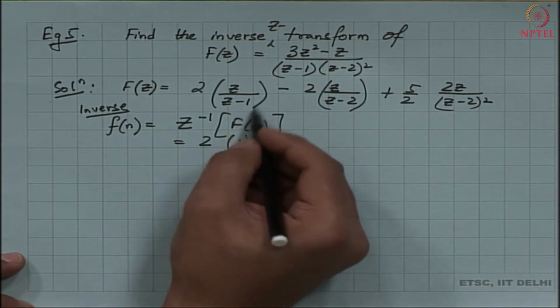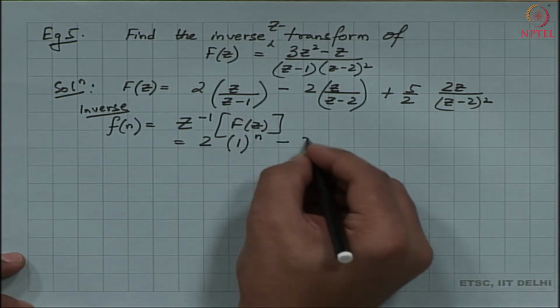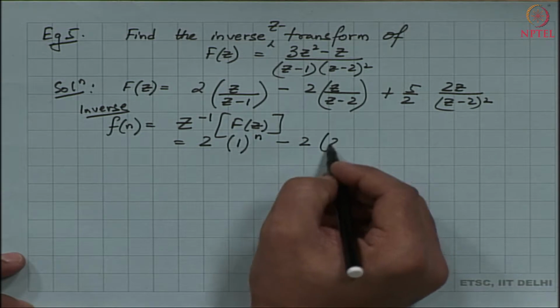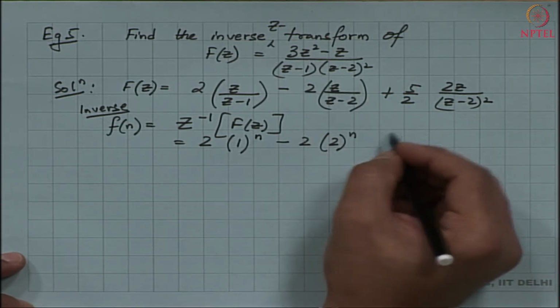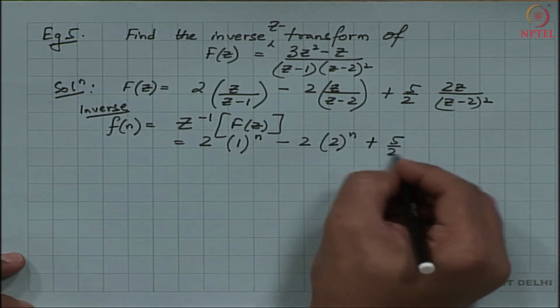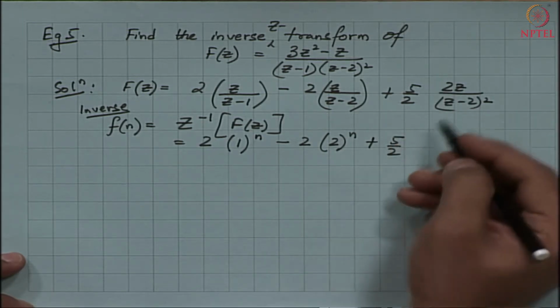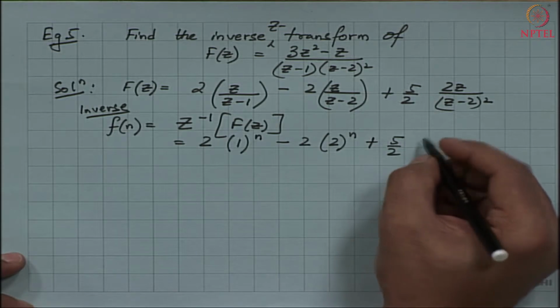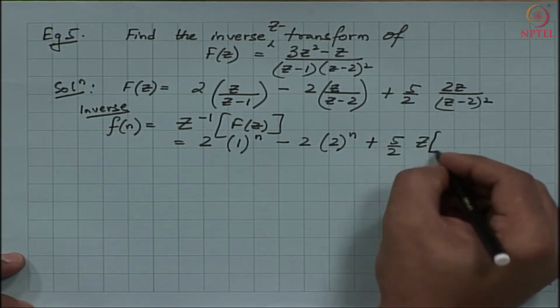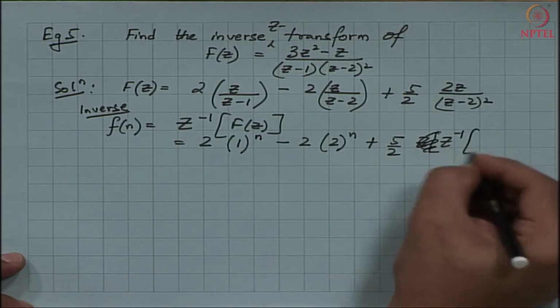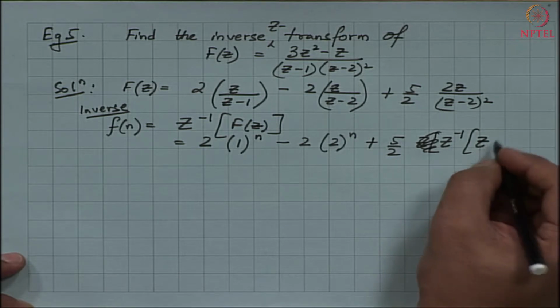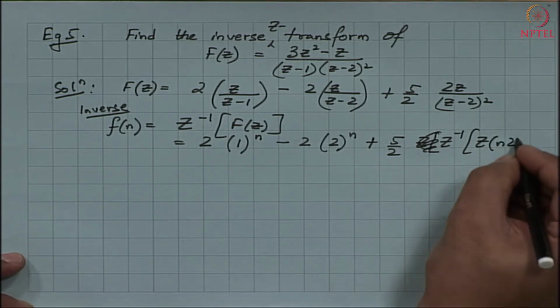So, here my a is 1. Minus 2 times 2 to the power n. So, that is my second term, and then plus 5 by 2 times the inverse transform of the Z transform of n times 2 to the power n.